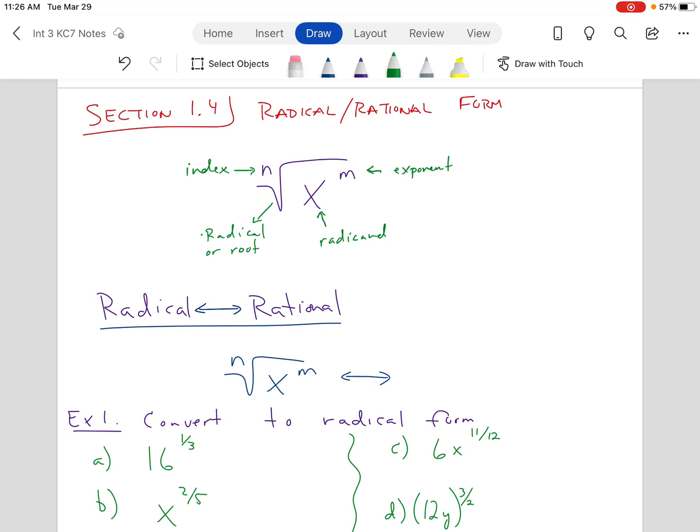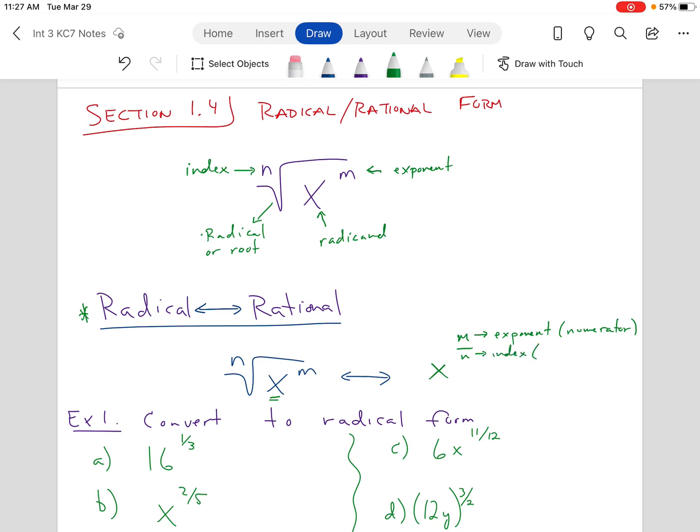So we can go back and forth between radical and rational. To do that, your radicand is your base now, and your rational exponent is going to be a fraction up here. It's going to be m over n, where m is your exponent, so this becomes your numerator.